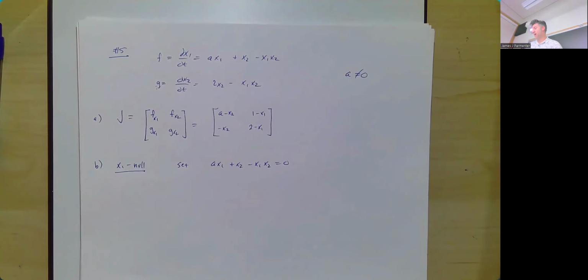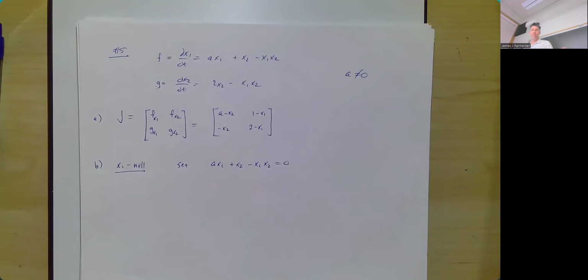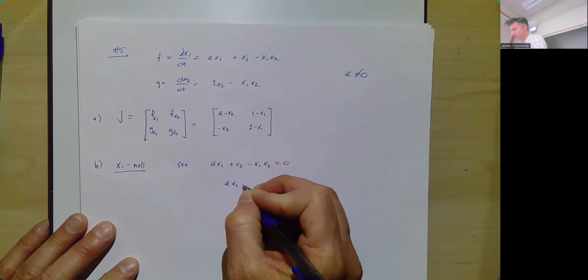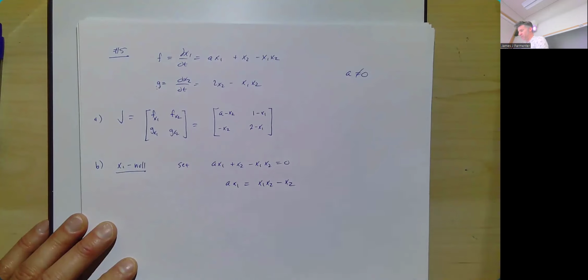So when you can't factor anything out, I typically resort to trying to isolate x2, because that's what I'm thinking of as my y, and it just feels better to me. Again, here I don't think it really matters which one you pick, because it's pretty similar either way. So if I try to isolate x2, I'm going to say that ax1 equals x1 times x2 minus x2.